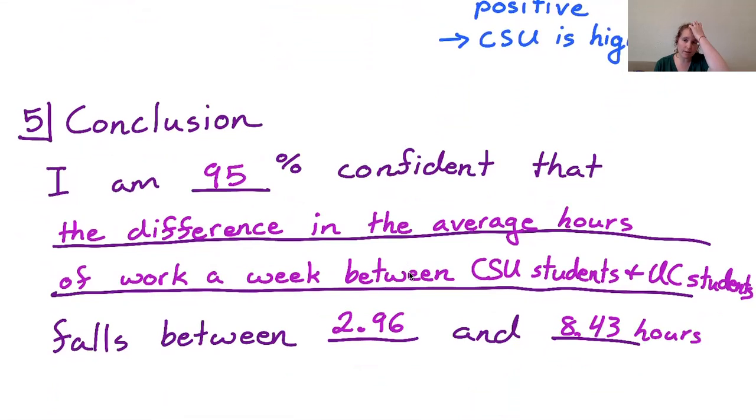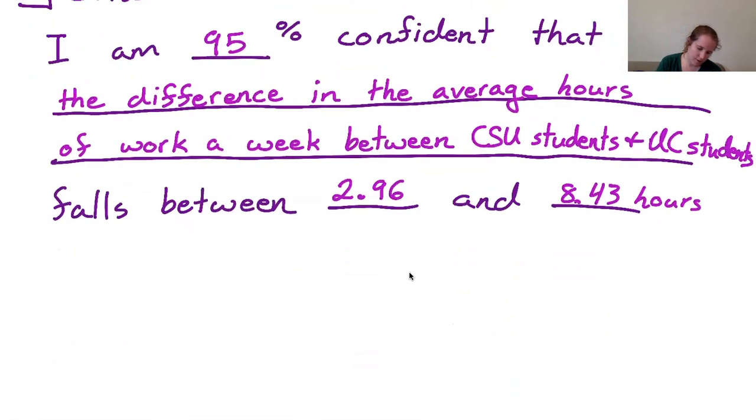This is not the most straightforward sentence. What we're looking at is we're estimating that on average, CSU students work between 2.96 and 8.43 more hours than UC students.